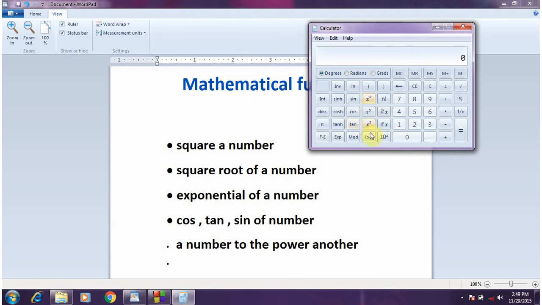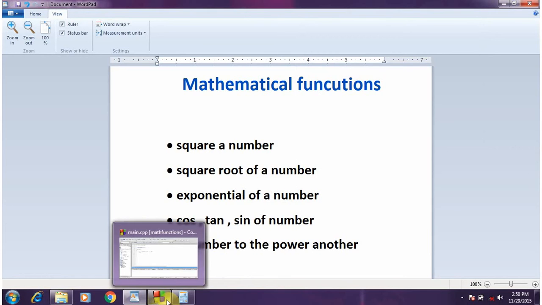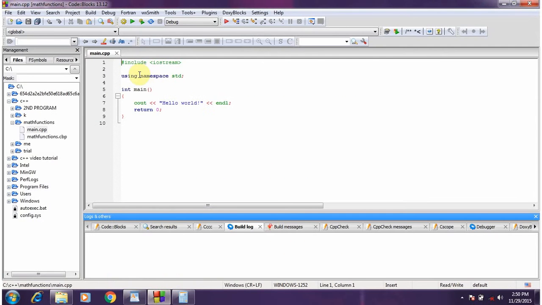Square a number, cubic of a number, to the power of a number, the exponential of a number, cos, sine, tan, a number to the power of another number. All these functions, we want to see how C++ in our compiler, Code::Blocks, handles them, if you don't want to write your own, which is called user defined, we just take the methods.